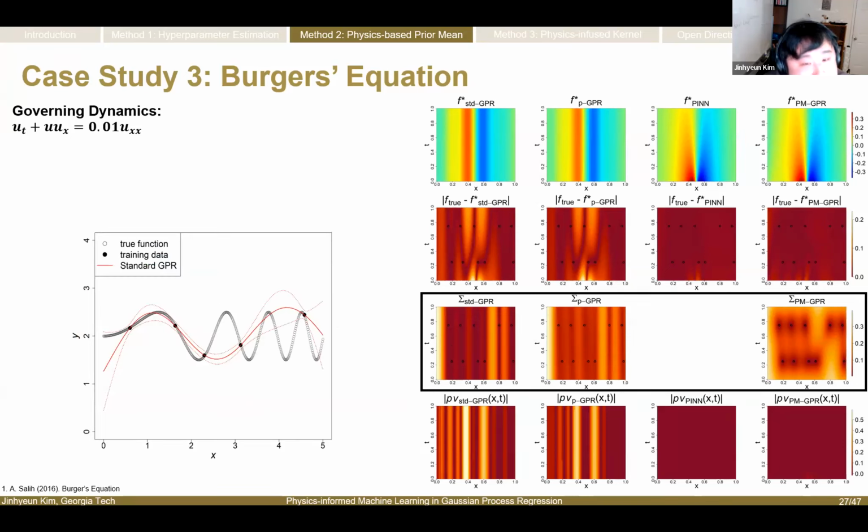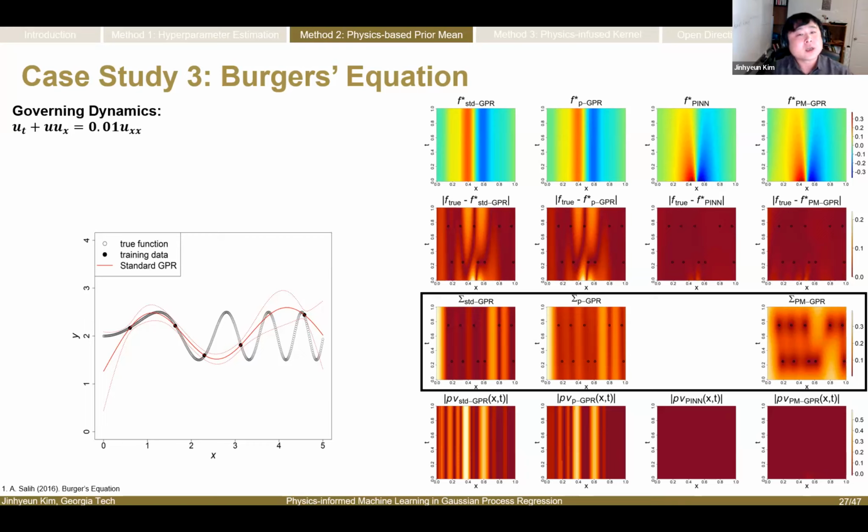Standard GPR has a tighter confidence interval, as shown in the left plot. However, it does not contain the true dynamics. By penalizing the physics-based information or embedding the physics-based information through the prior, we can widen this uncertainty interval to correctly capture the underlying dynamics of the system.